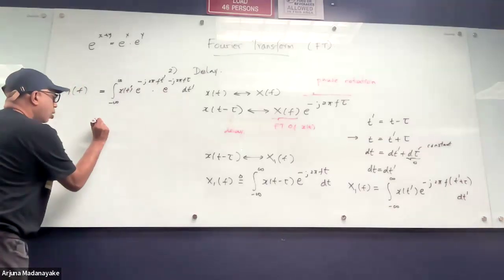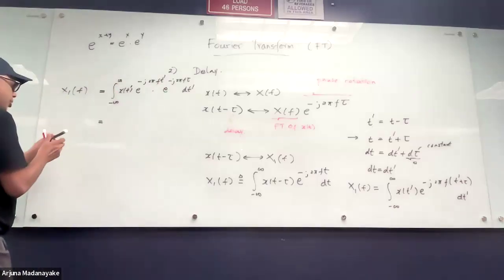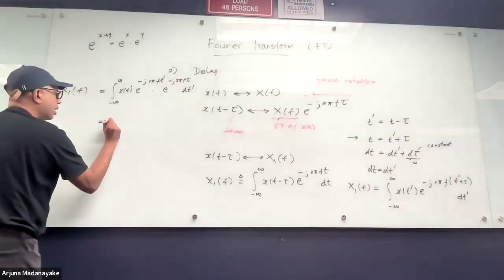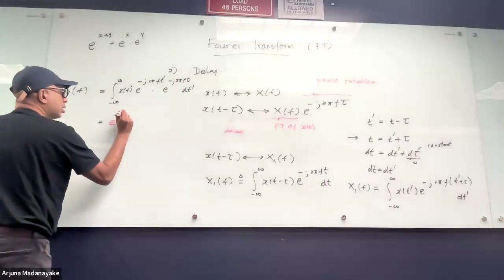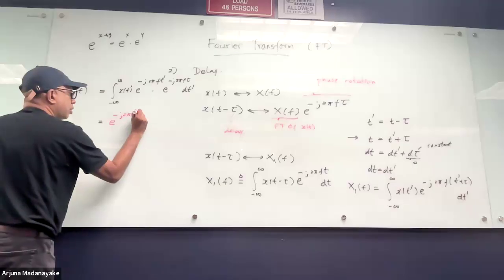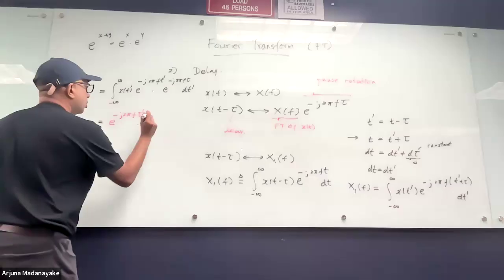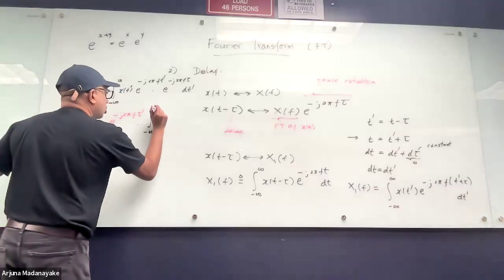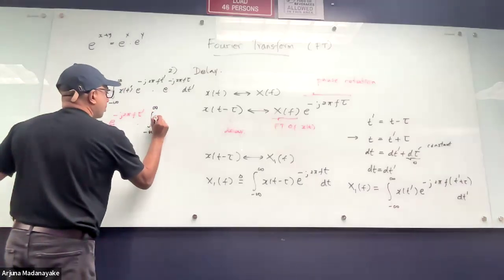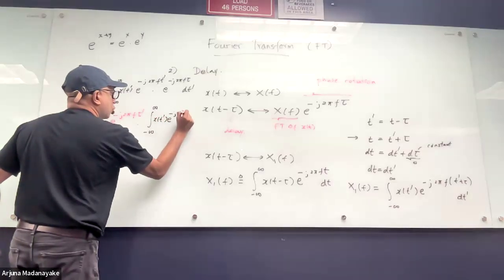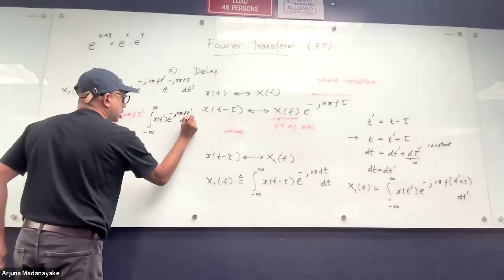So I can pop that out from this integral. It comes out because it's not a function of t dash. So I get e to the minus j 2 pi f tau out here. Then I get the rest of the integral, x of t dash e to the minus j 2 pi f t dash dt dash.